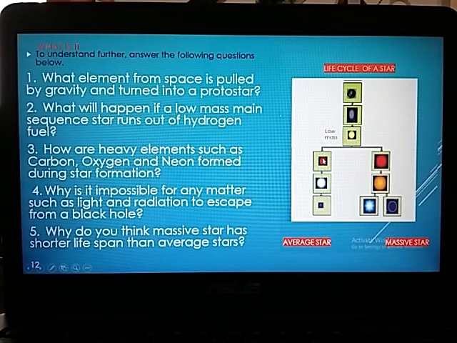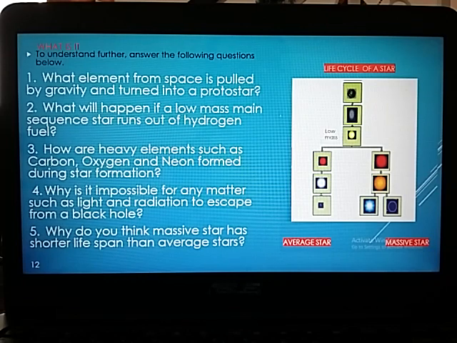Nabanggit na natin kanina. How are heavy elements such as carbon, oxygen, and neon formed during star formation? So yon, mamaya nyo sasagutan. Yung mga heavy elements ay dito na-form sa red supergiant star. Number 4, why is it impossible for any matter, such as light and radiation, to escape from a black hole? So alam nyo na yan. You just go to the clue.